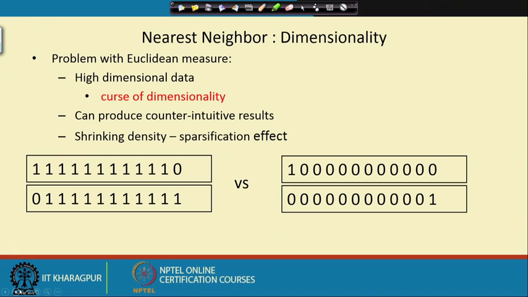Note that many of these distance measures fail when the number of attributes is high. So, if the data is sparse, many of the attributes have 0 value. You can see here the distance between these two vectors is this Euclidean, here it is this.